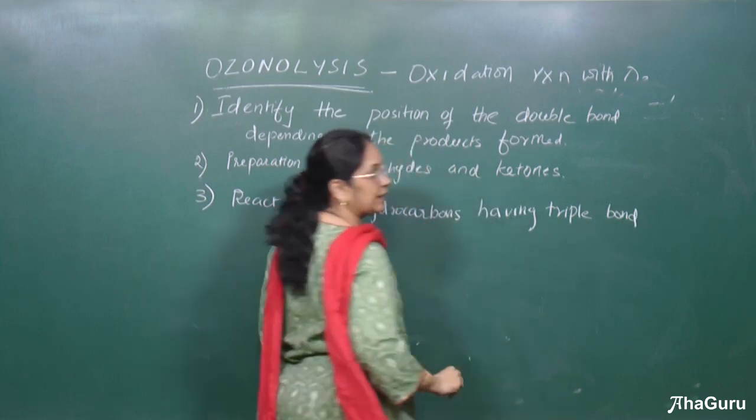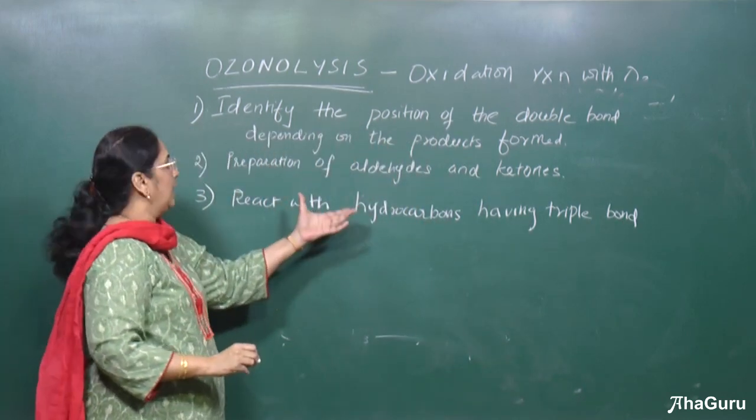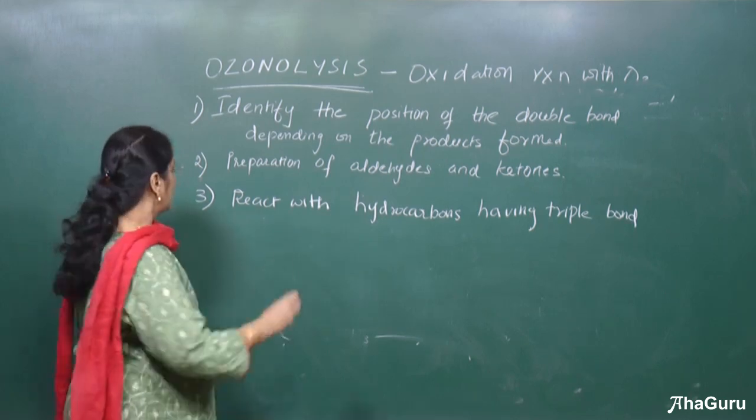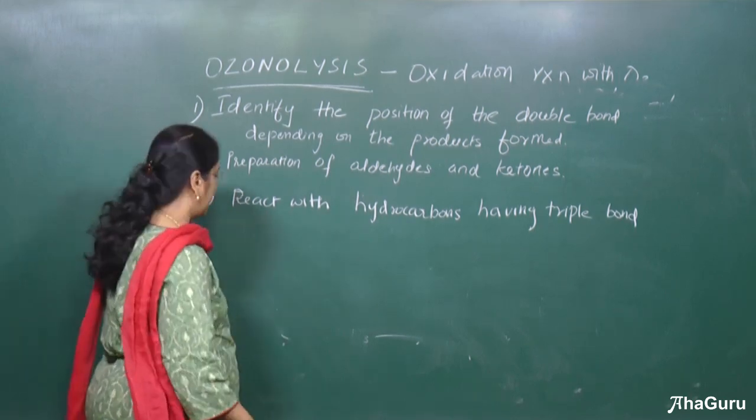And we can see that it will not react with alkanes. So, it will react only with alkenes and alkynes. So, for this third point, I will do an example.